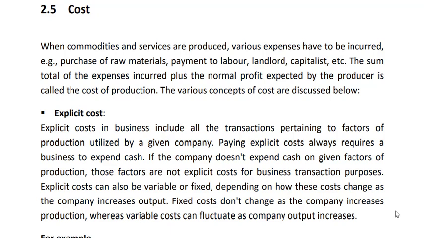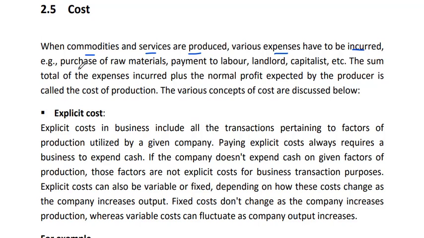So there are different types of cost, and in this lecture we will discuss them. When a commodity, meaning our product, object or service, is produced, various expenses have to be incurred.